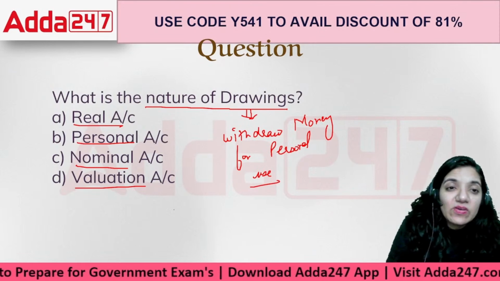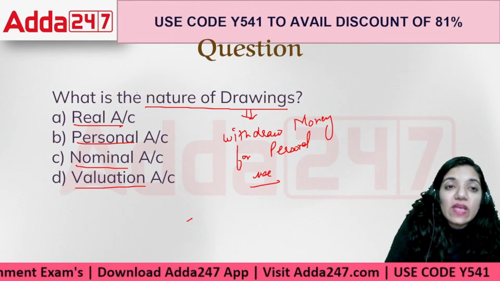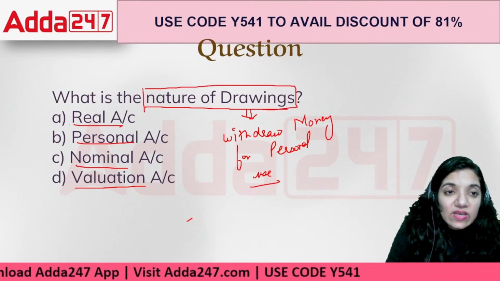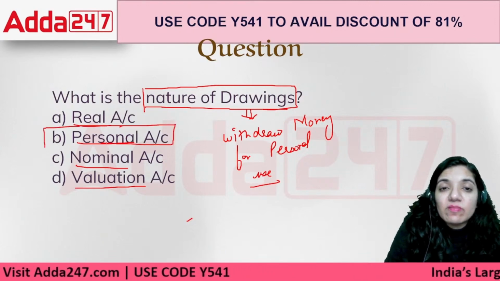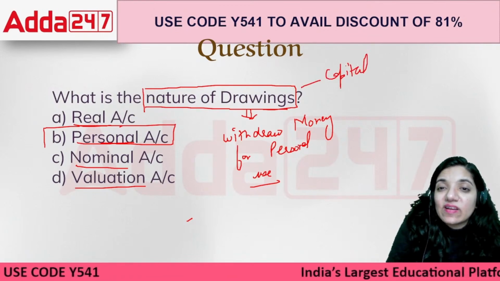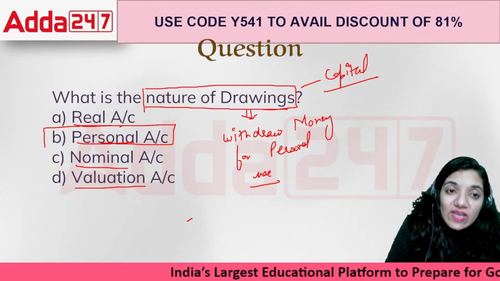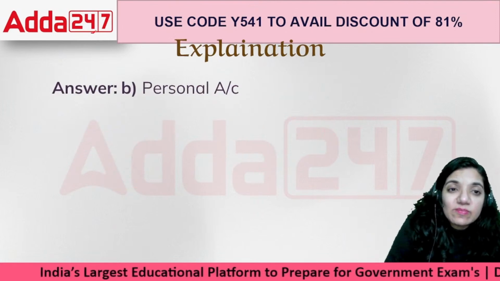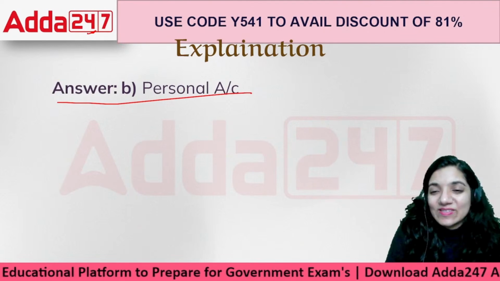Whenever anybody withdraws money, it would be treated as a personal account. Because when money is given to the business, we call it capital, which is a personal account. Whenever we withdraw money from the business, it's called drawings, which is again a personal account. So both are treated as personal accounts. So with one question, we covered two kinds of concepts.